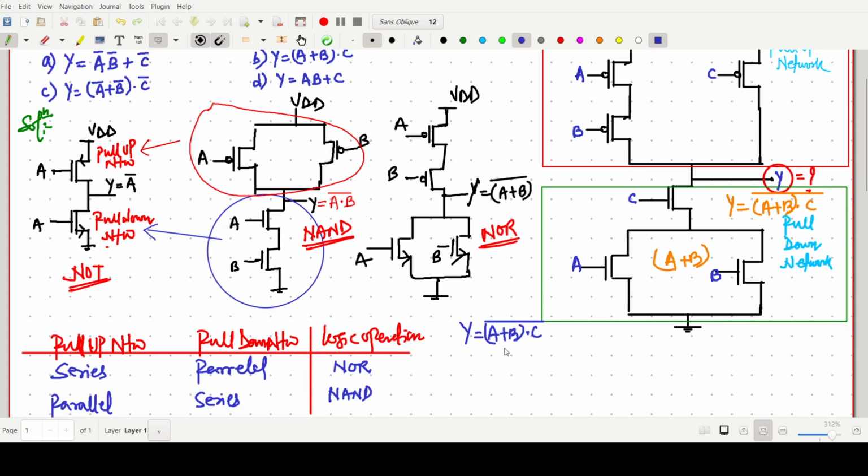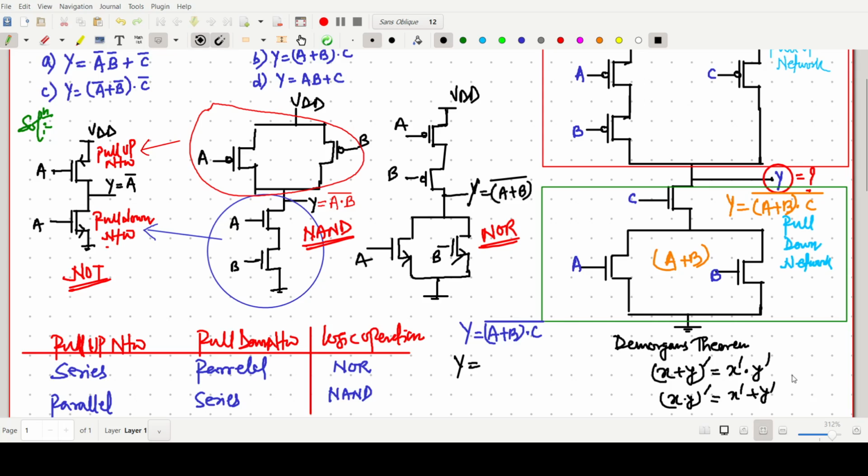This is the logical expression, so we have to apply De Morgan's theorem. First I am writing De Morgan's theorem. As we know, (x plus y) whole bar is x dash into y dash, and (x y) whole bar is x dash plus y dash.